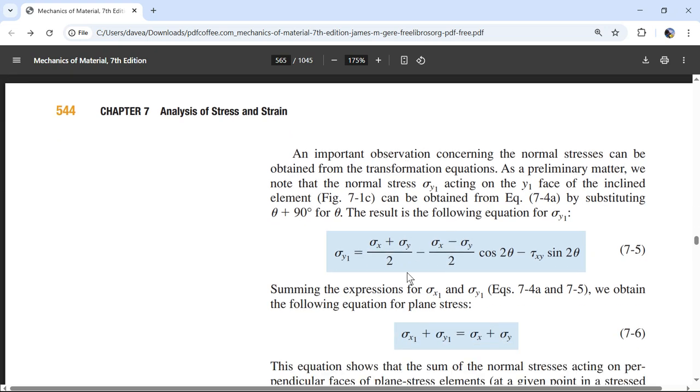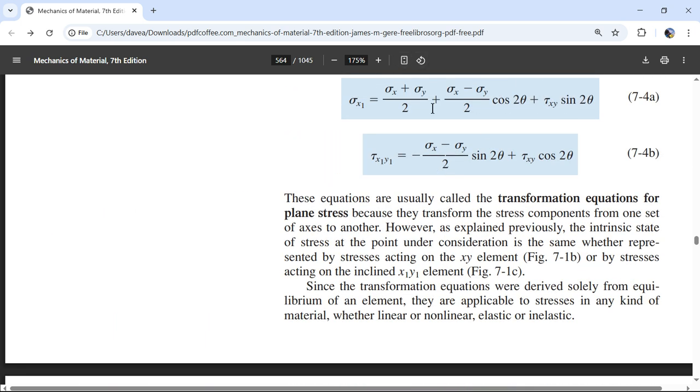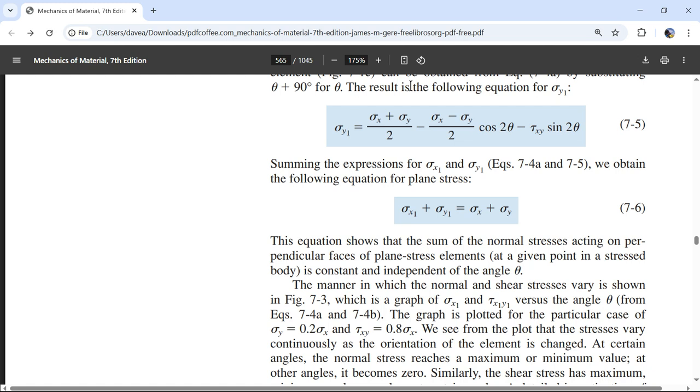But maybe there's something obvious, that if you know sigma x1 in this form, it's very obvious. So we have a plus, and then a minus and a plus, and here we have a plus, minus, and two minuses.